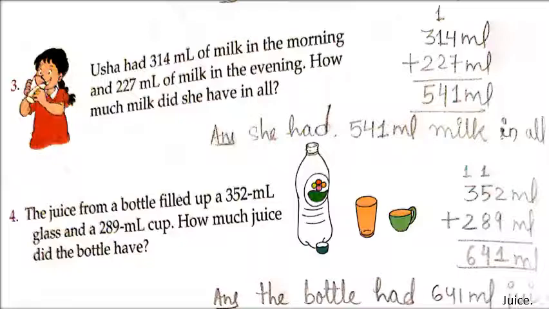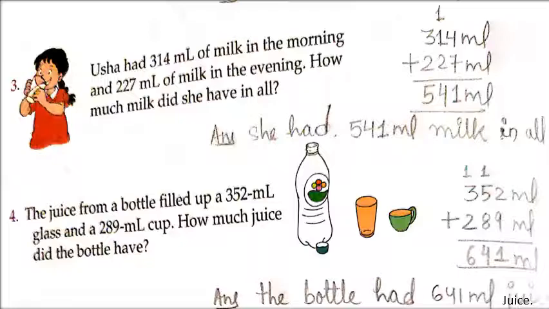So 3 plus 1 is 4. So children write 4 here. Now at hundreds place 3 plus 2 is 5. So write 5 here. And below the milliliter write milliliter. Now children, your answer will be she had 541 milliliters of milk in all.